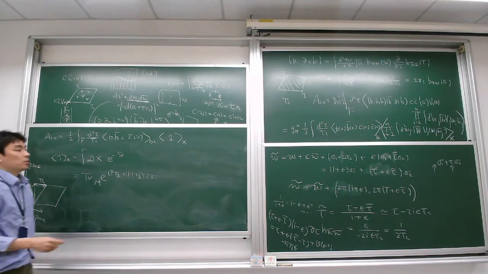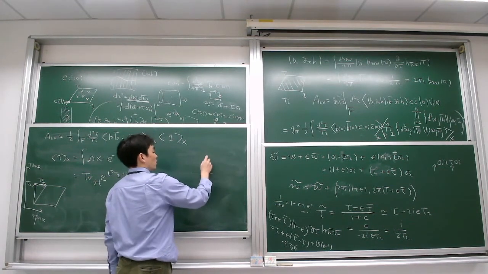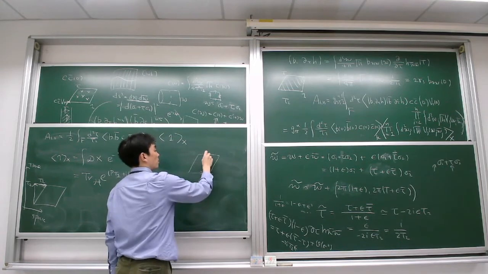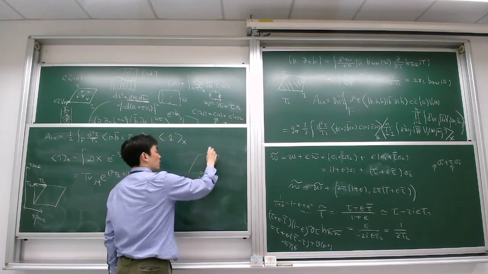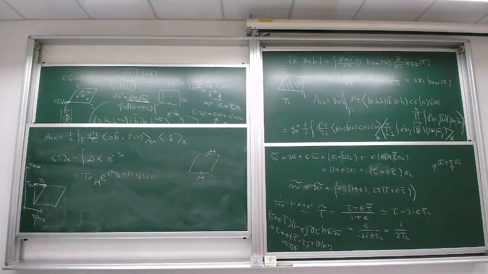So given a Hilbert space on some spatial circle, you identify top and bottom by Hilbert space to Hilbert space. That is equivalent to carrying out the path integral over the torus.